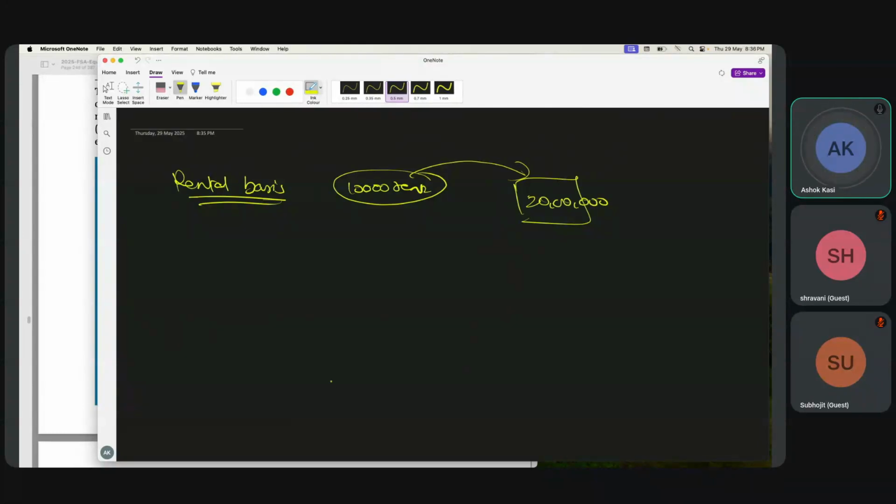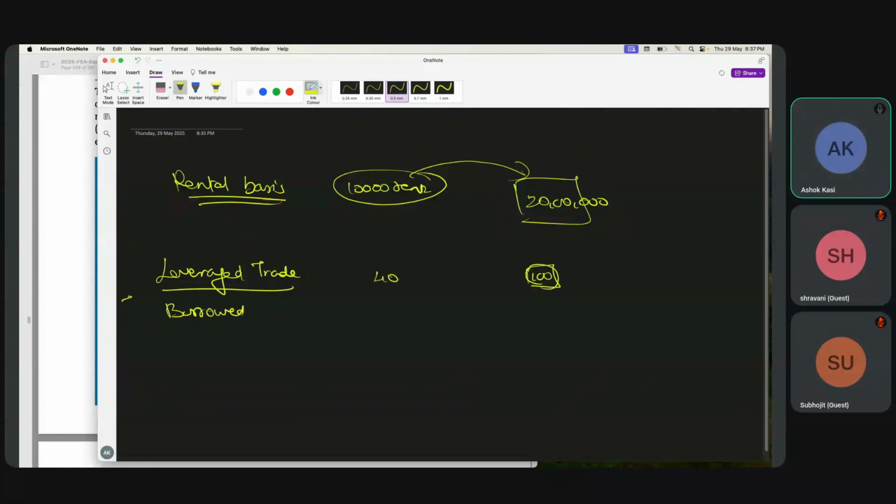Similarly, in the share market, let's say you are spending 40 rupees and you are getting exposure to a product worth 100 rupees. This is called a leveraged trade. Leveraged trade means you are trading with borrowed money.